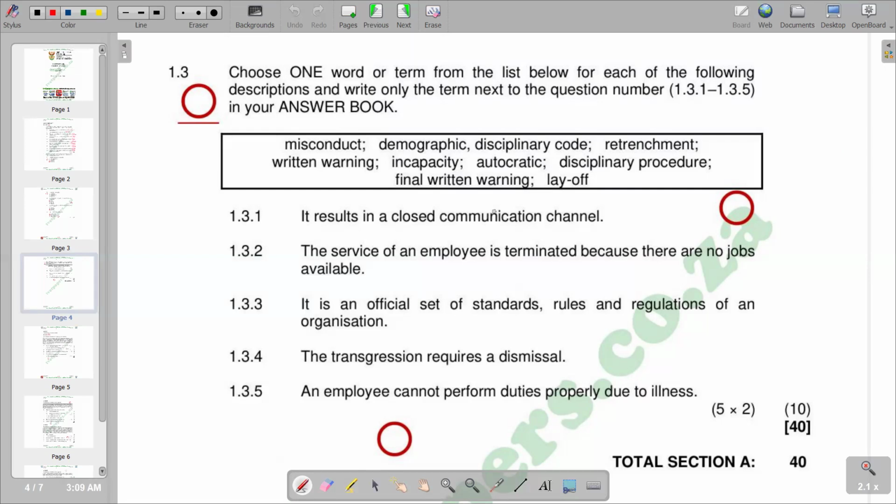So the correct response, according to the words given there, is autocratic leadership style. So autocratic is the correct response.